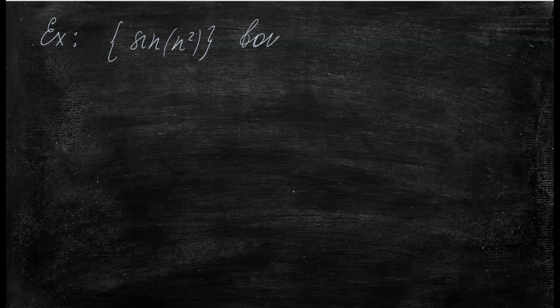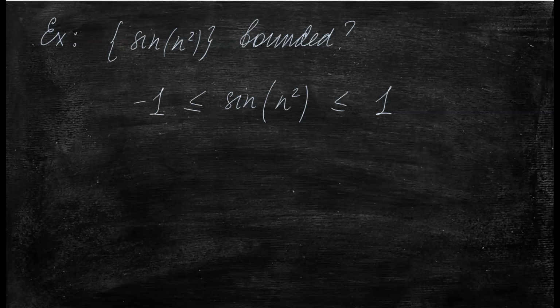Is this sequence bounded? Well, sine function, regardless of what the input is, so you can literally put anything inside, is always bounded by 1 and -1. So the answer is yes, this sequence is bounded because it is bounded above by m equals 1, and it's bounded below by m equals -1.